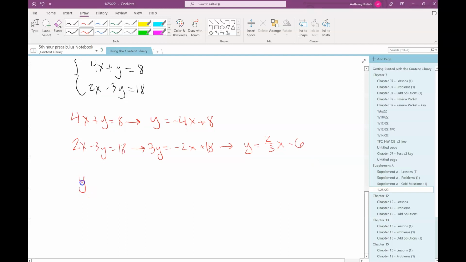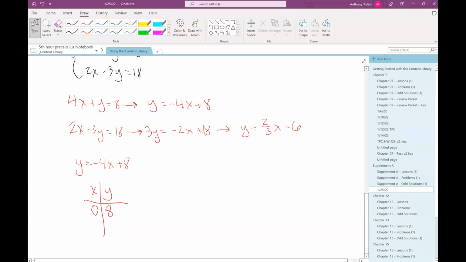Now, to graph the equation for a line, I'm just going to need 2 points on that line, right? Any 2 points will do. So maybe I pick 0. When I plug 0 into the equation for x, I get 8 for y, and then maybe I pick 2. When I plug 2 into the equation, I get 0 for y.